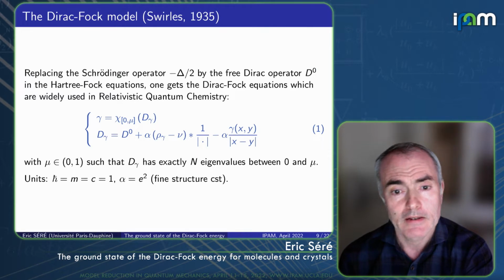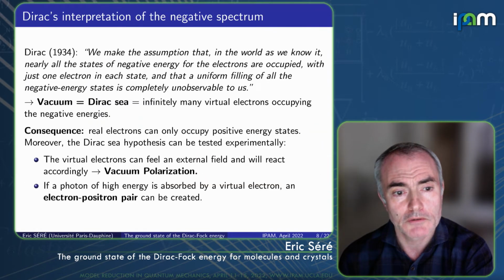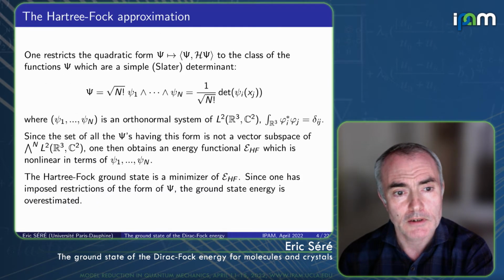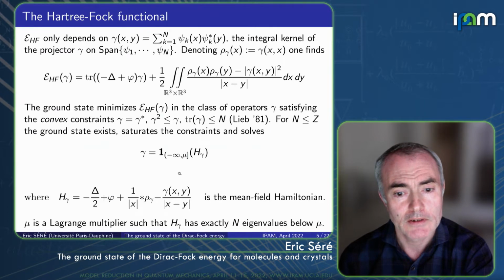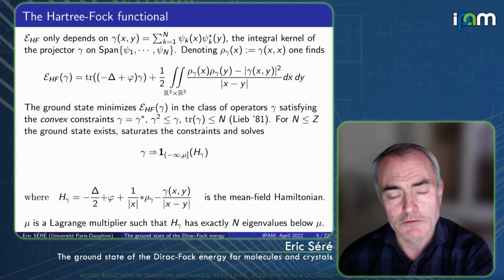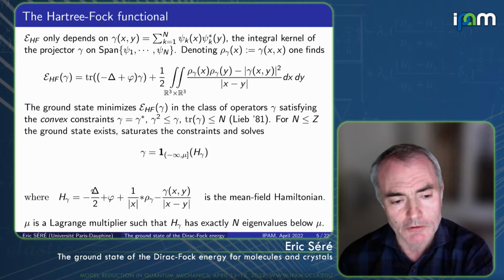Let me remind you of the Hartree-Fock equations. They are here, in this very condensed form. You ask gamma to be a spectral projector up to a chemical potential of a mean field operator. So you try to do the same, but you replace the Laplacian by Dirac.